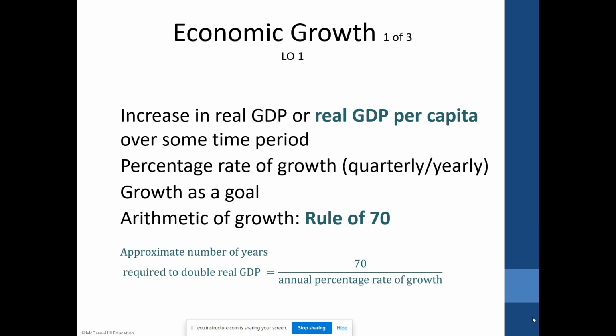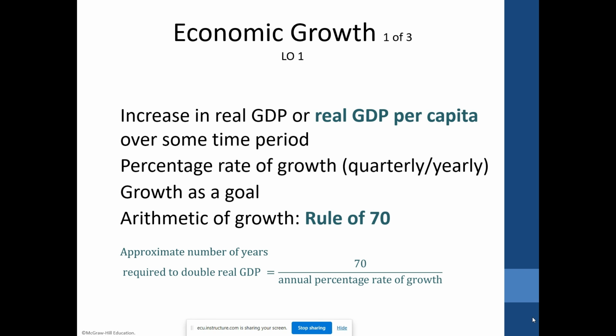If we want to know how many years it will take our GDP to double, we use the rule of 70, which means we use 70 divided by the annual percentage rate of growth.